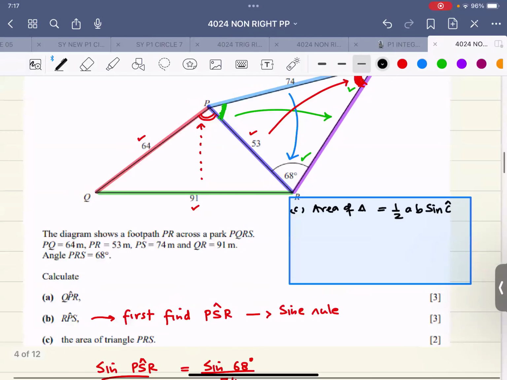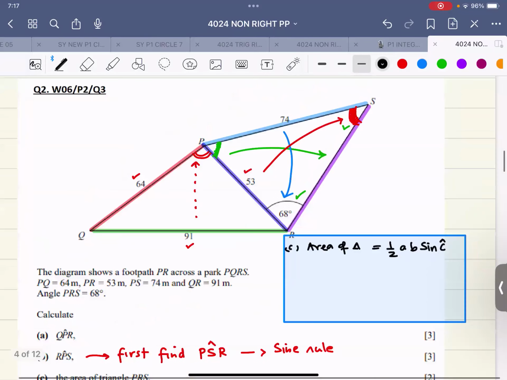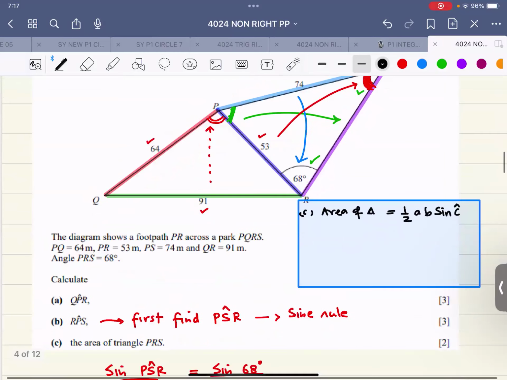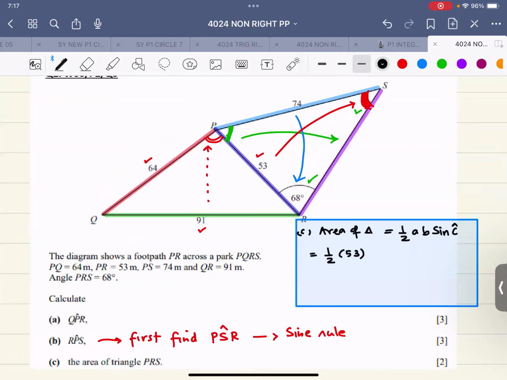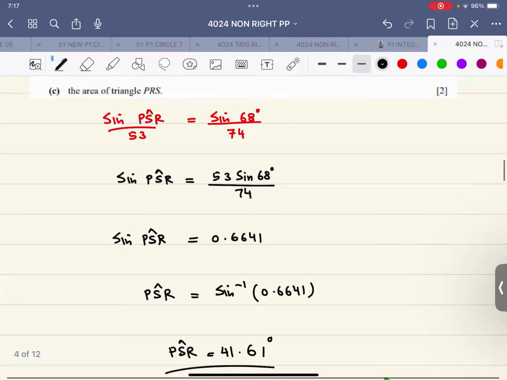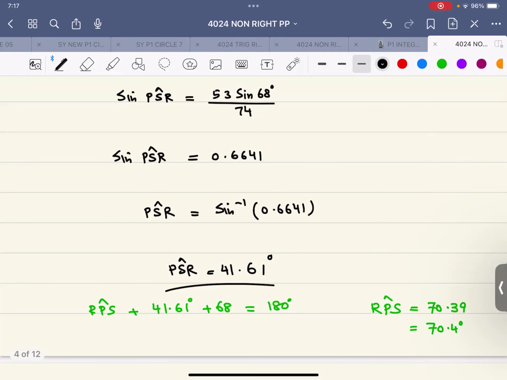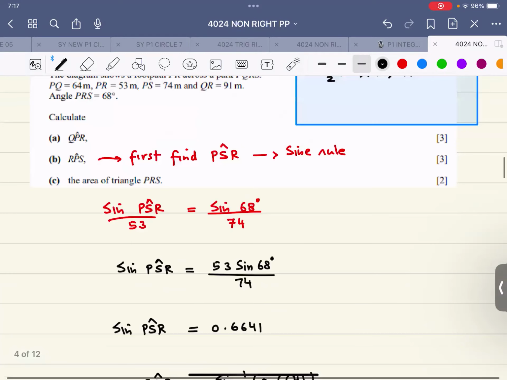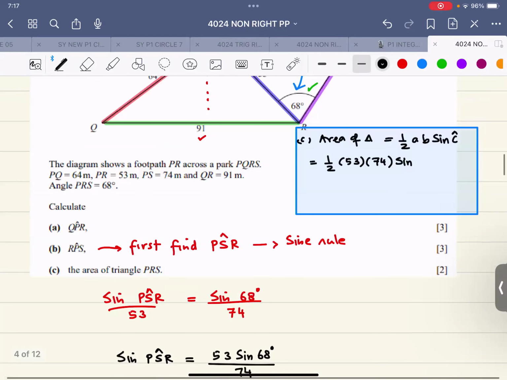So we have 53 and 74. That is half of 53 and 74 and sine of this value. So sine of this value is sine of 70.39, use the unrounded value. Let me multiply it.